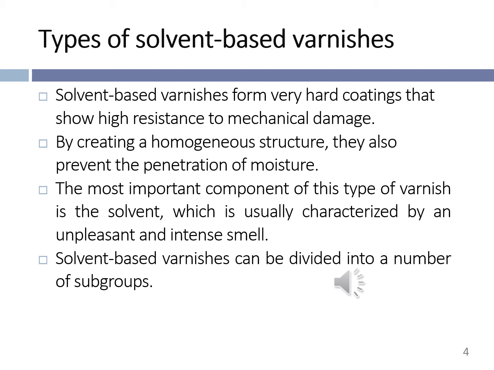So mostly solvent is used in the production of solvent-based varnishes. The coatings which are formed from solvent-based varnishes are very hard. They form a hard covering on the surface.